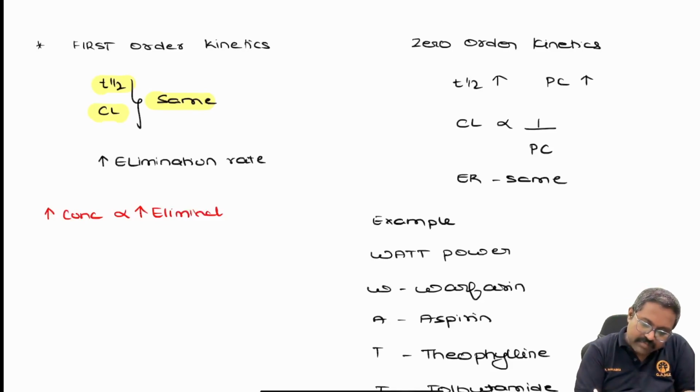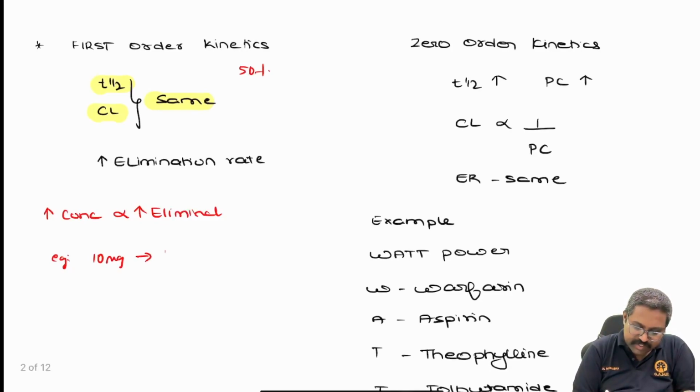For example, if we say that clearance is 50%, initially you are given 10 milligram, and if the elimination is 50%, that means 5 milligram. If you increase the dose to 50 milligram... no, if you increase the dose, 50% of the drug will be eliminated, that is 10 milligram will be eliminated.